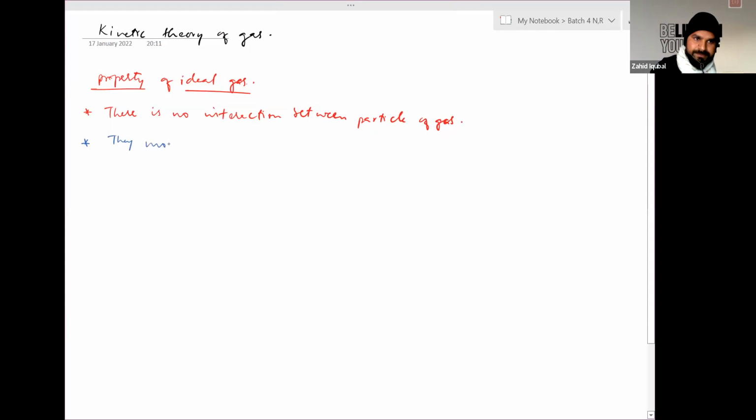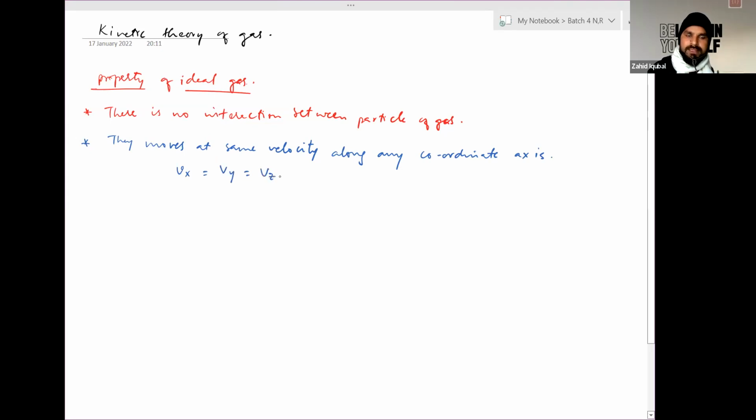They move at the same velocity along any coordinate axis. That is, velocity along the x-axis, y-axis, and z-axis will be the same.